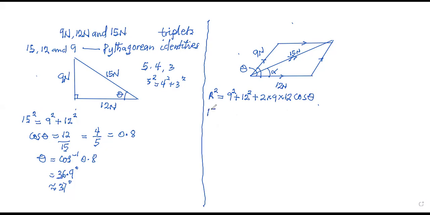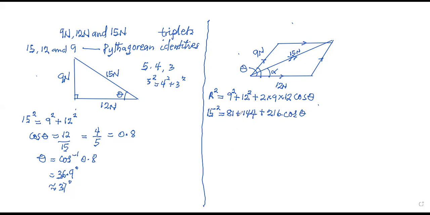So 15 squared is equal to 81 plus 144, plus what is 18 times 12? 216 cos of theta.